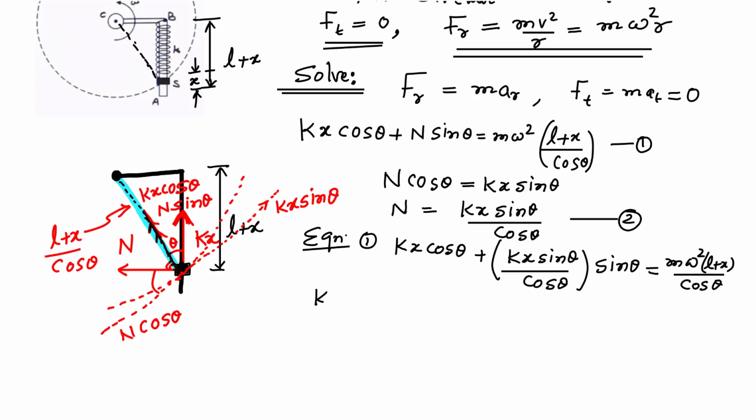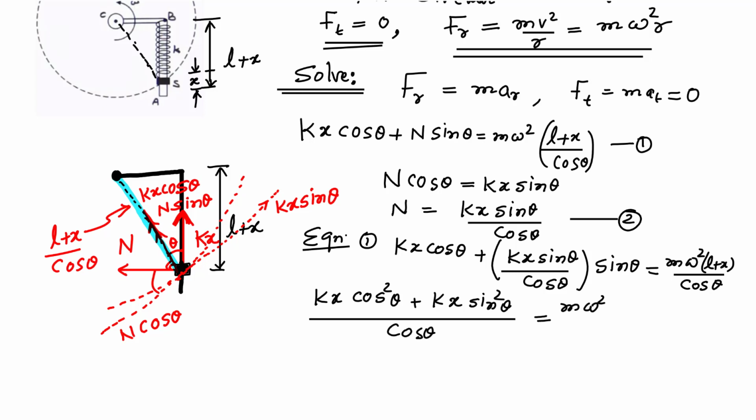Now this will become kx cos square theta plus kx sin square theta, and this divided by cos theta equals m omega square (L plus x) divided by cos theta.